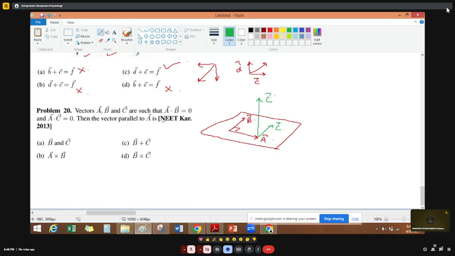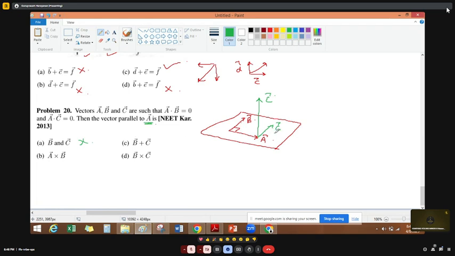Then the vector parallel to A is, you know that B and C are perpendicular to A. That means B and C is not correct because you already know that both of them are perpendicular to A. That means this has to be eliminated.